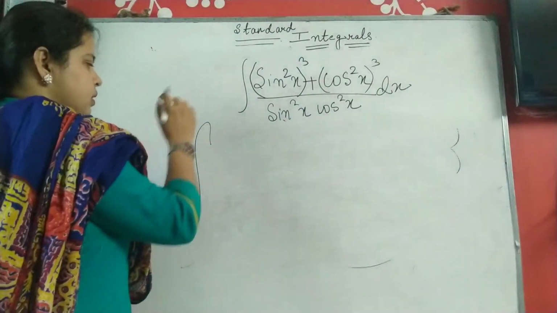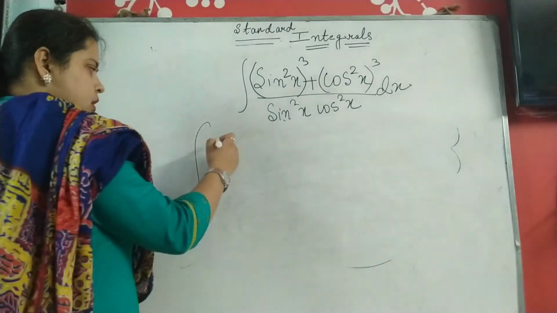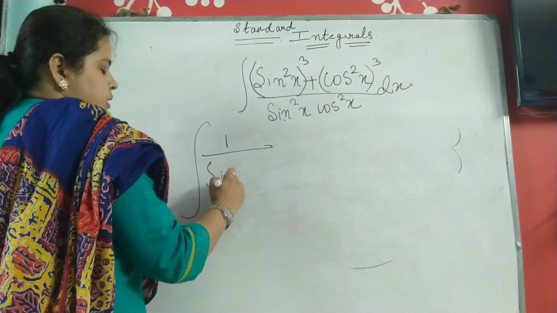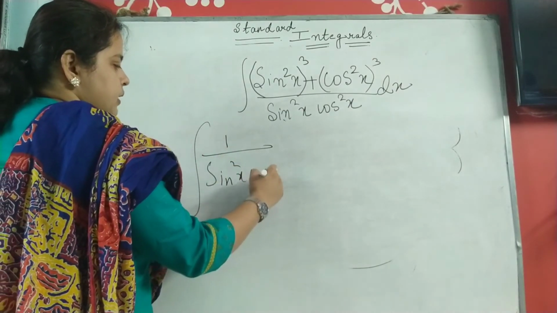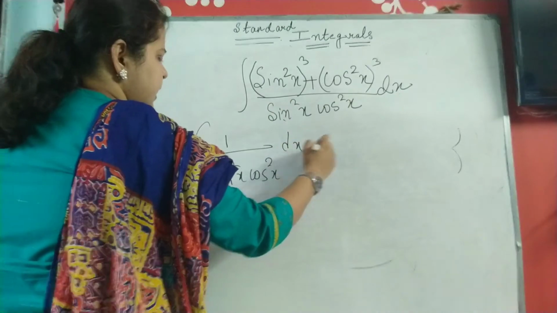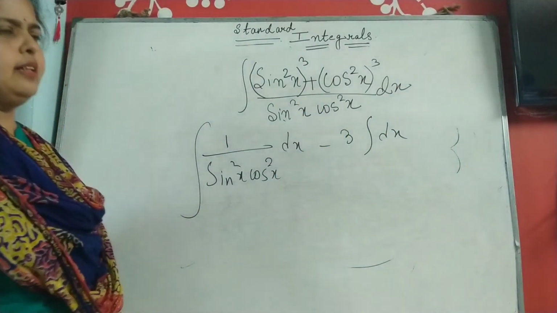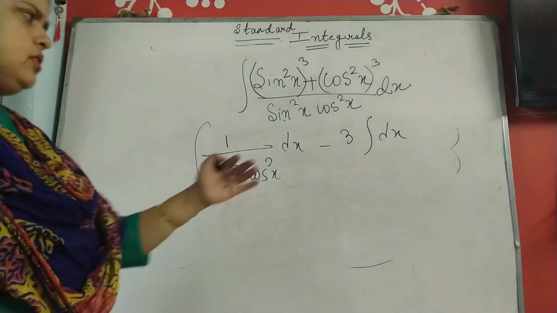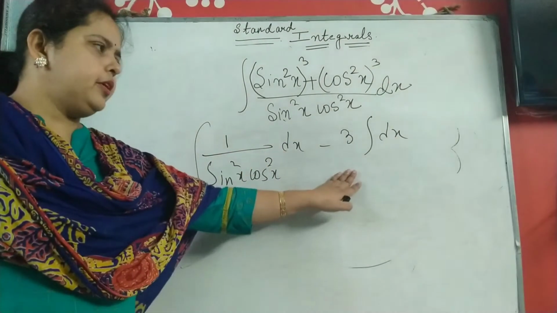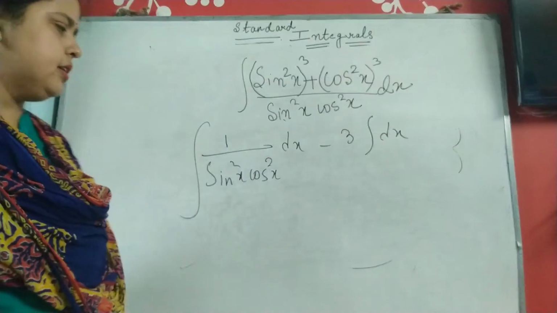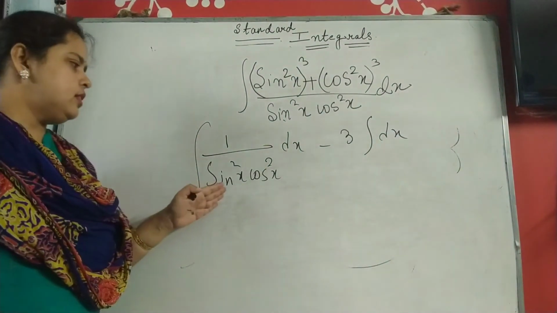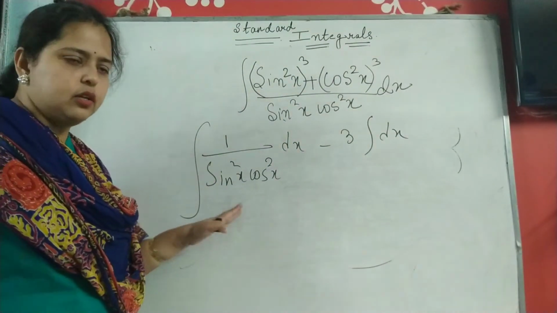This is the integration of 1 by sine square x cos square x dx, and this 3 after cancelling is only 3 dx, whose integration is 3x plus c. I will write it at the end. So in the denominator it is sine square x cos square x.